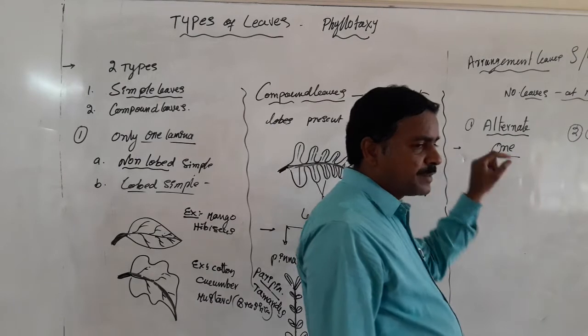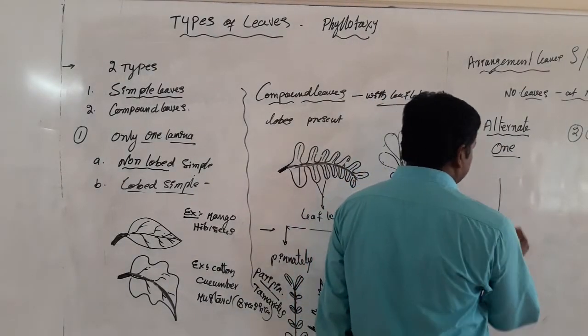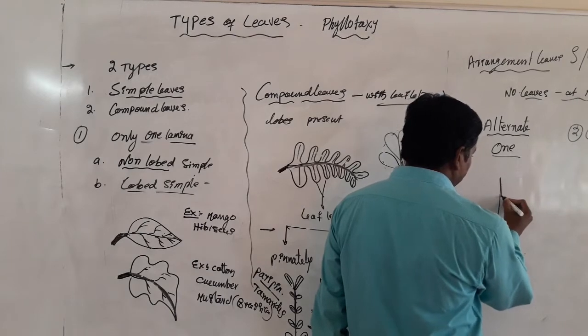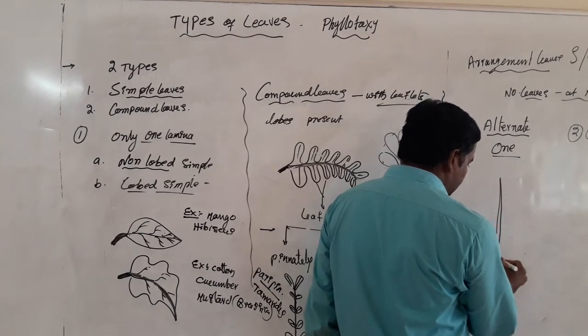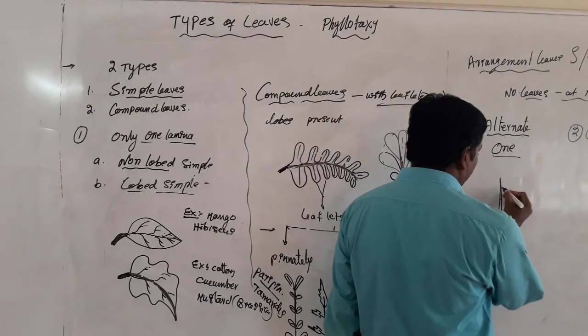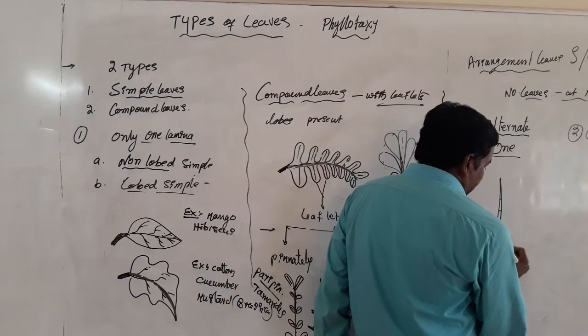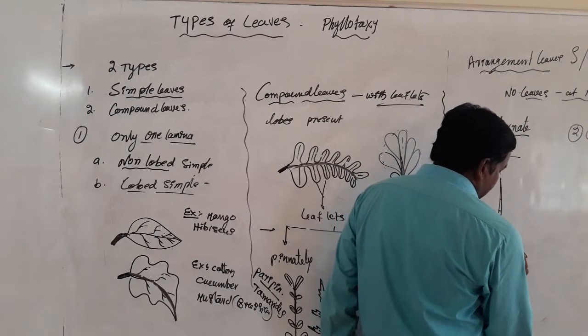Only one leaf is present at each and every node. For example, this is the stem. This is a node, and this way a number of nodes and internodes are there. For example, this is the leaf present at the node.